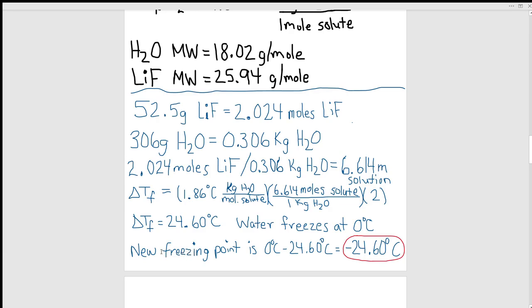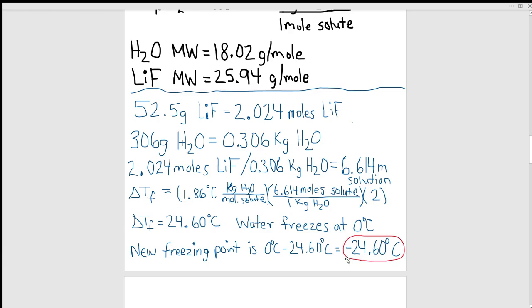So we have now found the change in the freezing point, but we need to find what the actual freezing point temperature is. Since we're using water as our solvent, we know that water freezes at a temperature of 0 degrees Celsius.